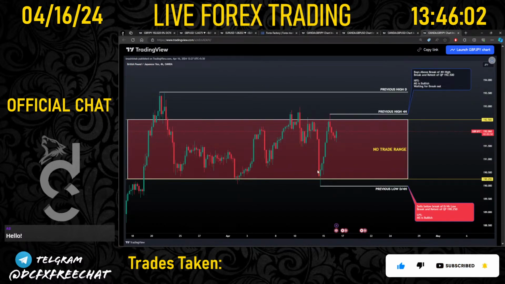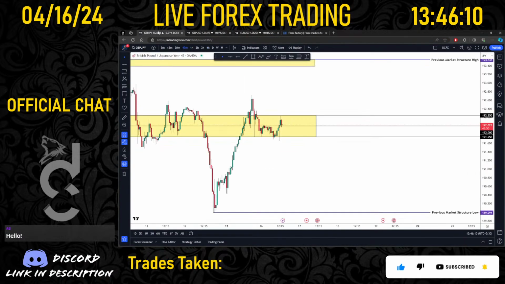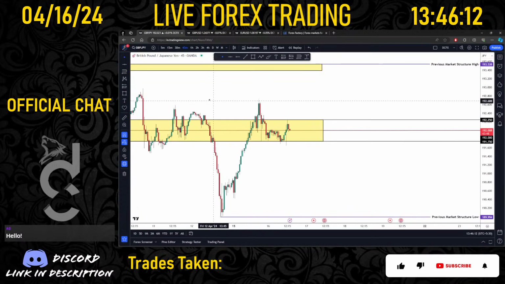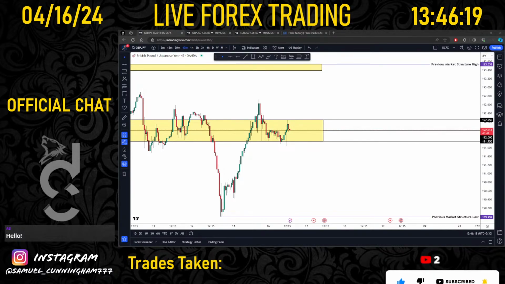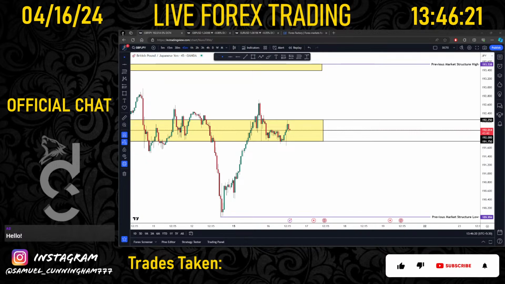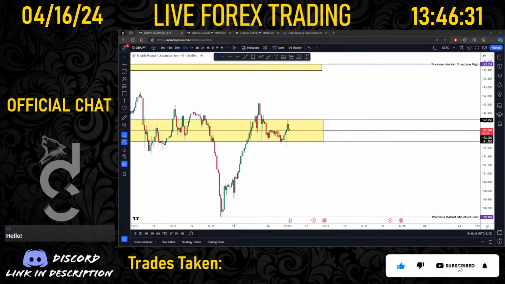I think the only thing is there's clean traffic to the left over here, which I wouldn't say is a no trade range exactly. So let's see.